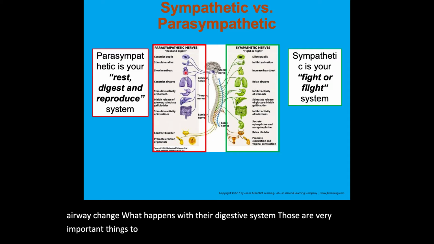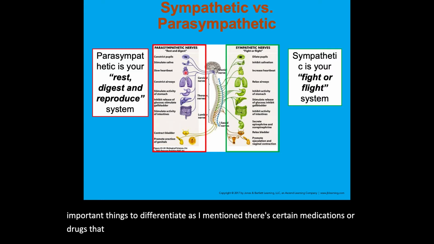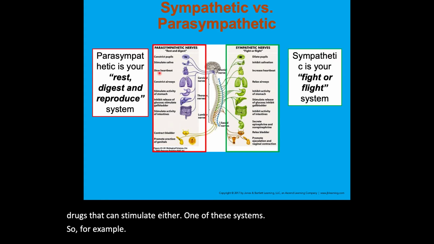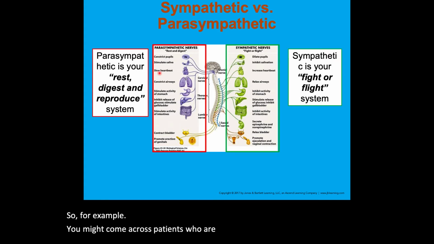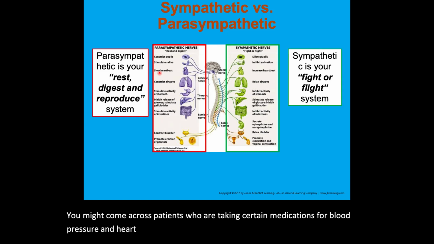As I mentioned, there's certain medications or drugs that can stimulate either one of these systems. So, for example, you might come across patients who are taking certain medications for blood pressure and heart failure. One of the common ones is Metoprolol.